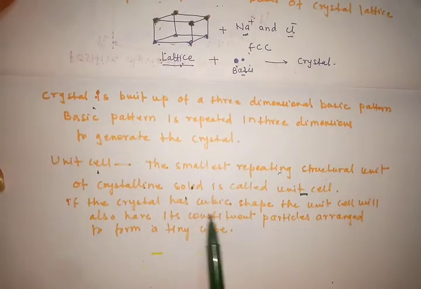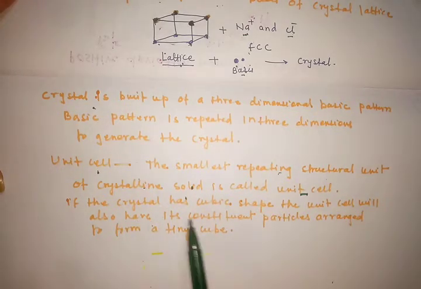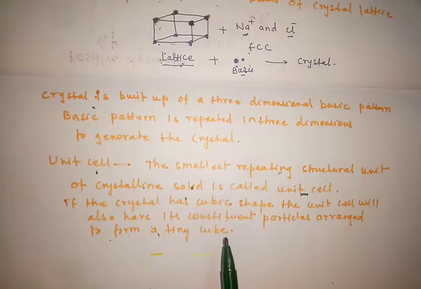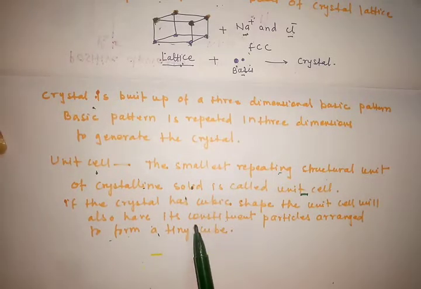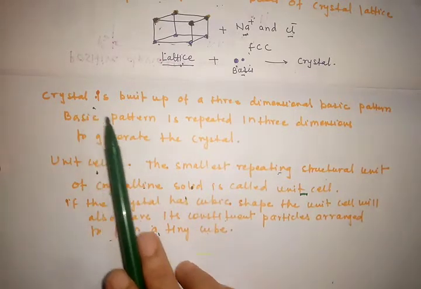Now if the crystal has a cubic shape, the unit cell will also have its constituent particles arranged to form a tiny cube. If you imagine a cubic puzzle that you know very well, each small particle you can assume as a small tiny cube, and a number of cubes fixed together can be called a crystal here.